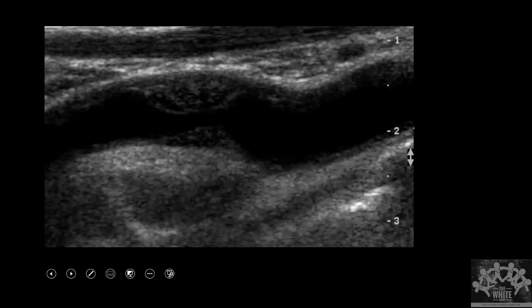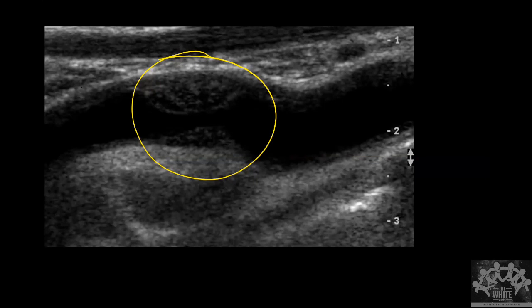In this image, can anyone tell what is the problem here? First tell me. Now let's approach. Is it A mode, B mode, M mode, color Doppler, spectral Doppler? What mode is this?